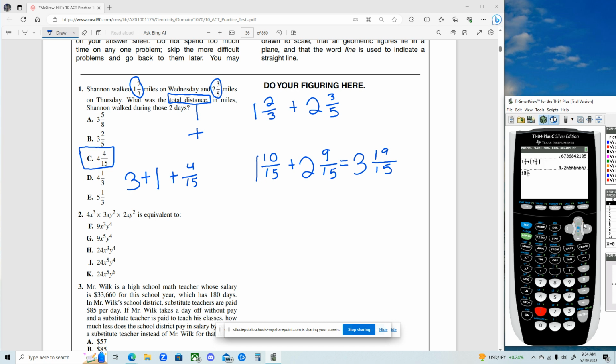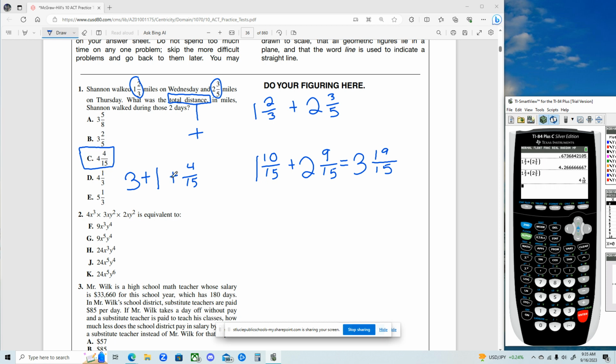I've got 1 and 2 thirds plus, again, math, the number I'm putting in is a unit with numerator denominator, 2 and 3 fifths. Enter. This time it's giving me the answer 4 and 4/15, which is right here.